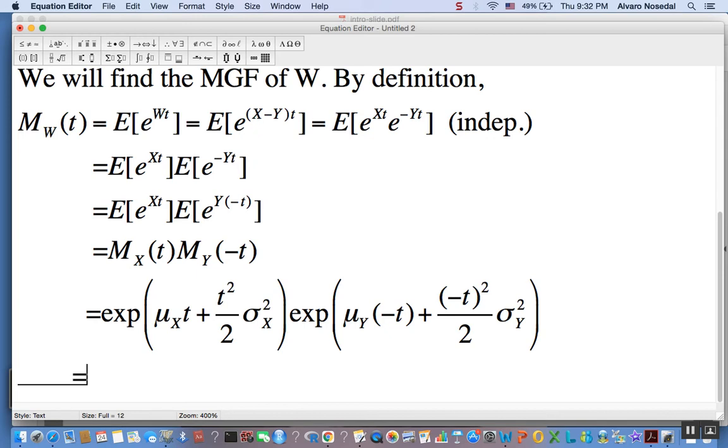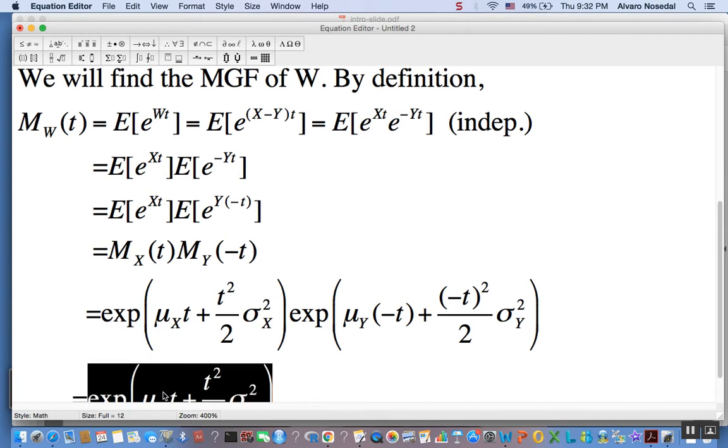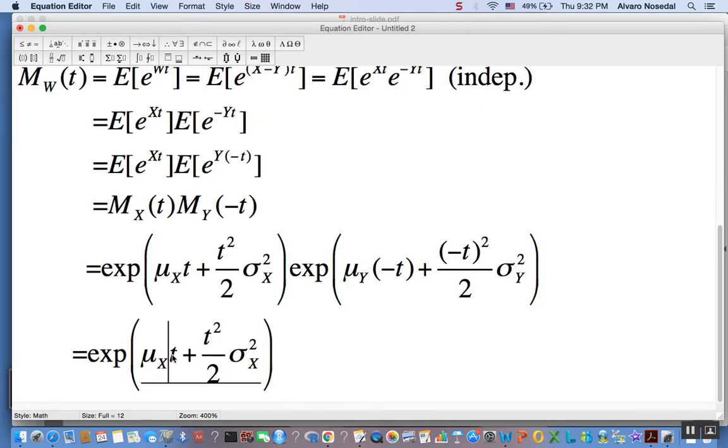we can combine these terms, right? We could have a single exponential. We have the product of two exponentials, so all we have to do is add these exponents. Okay, so let me just keep one of these guys, and then for the first one let me factor out the t.